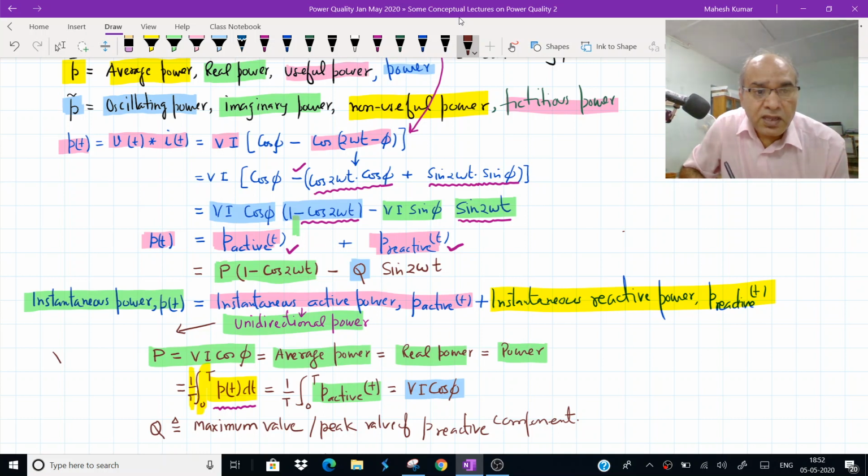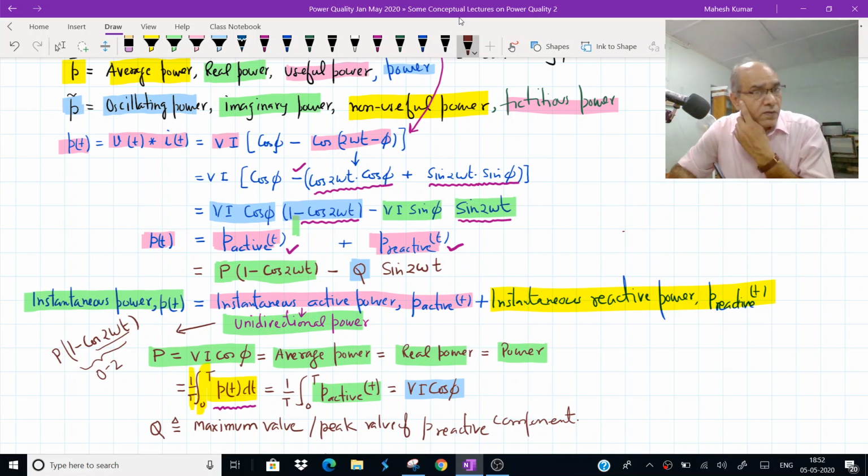If you see this P times 1 minus cos 2 omega t, cos 2 omega t varies between plus and minus 1, and therefore 1 minus cos 2 omega t varies from 0 to 2. It is never negative, and hence this is called unidirectional power. So unidirectional power or active power, they are the same concept. We can denote it by both names.